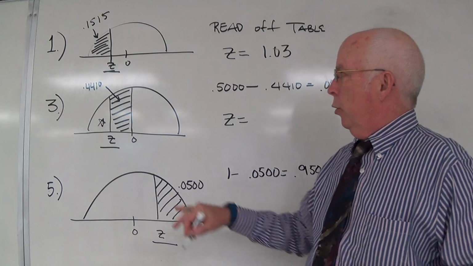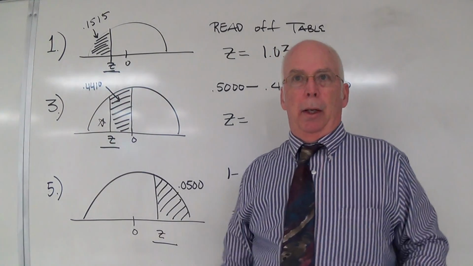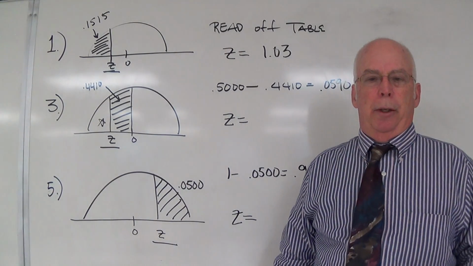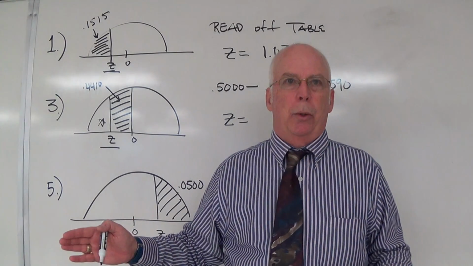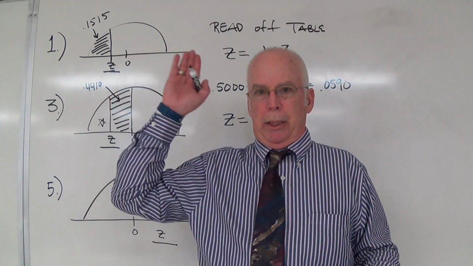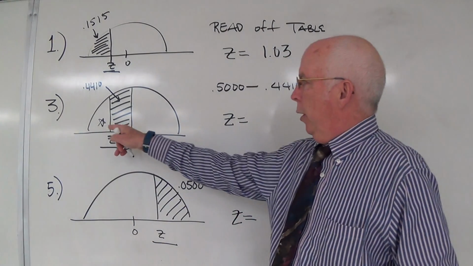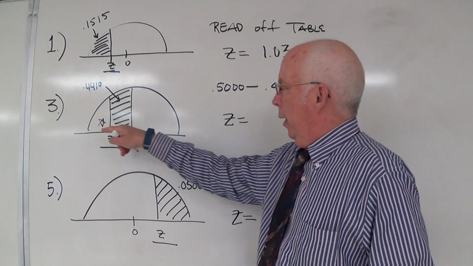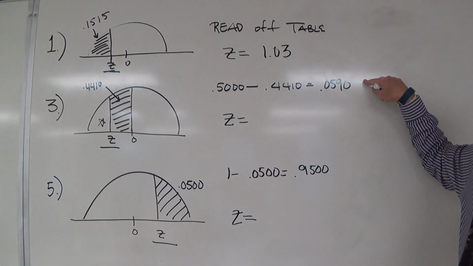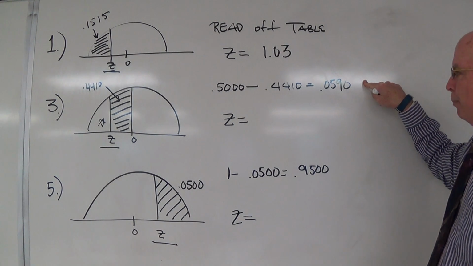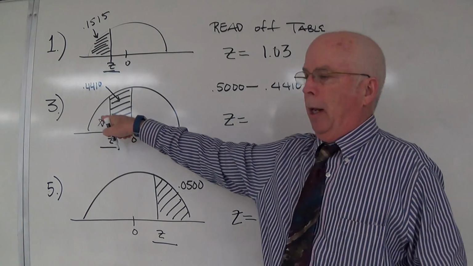If you know this is 0.4410 and everything to the left is 0.5000, because the mean, or zero z-score, splits that standard normal curve right down the middle and it's symmetrical, you can then determine what this area is. So we just subtract that from 0.5000 and you get 0.0590. That is the area that I've got starred right there.